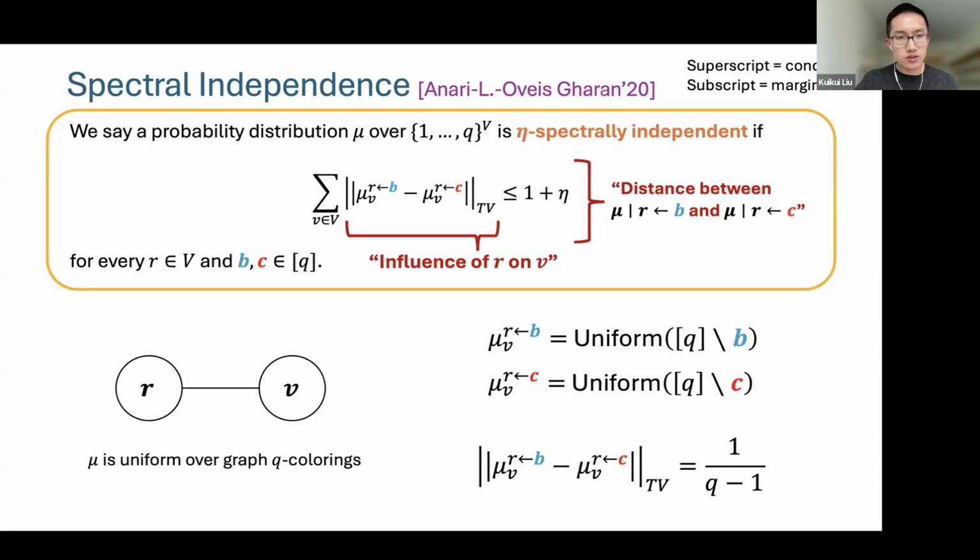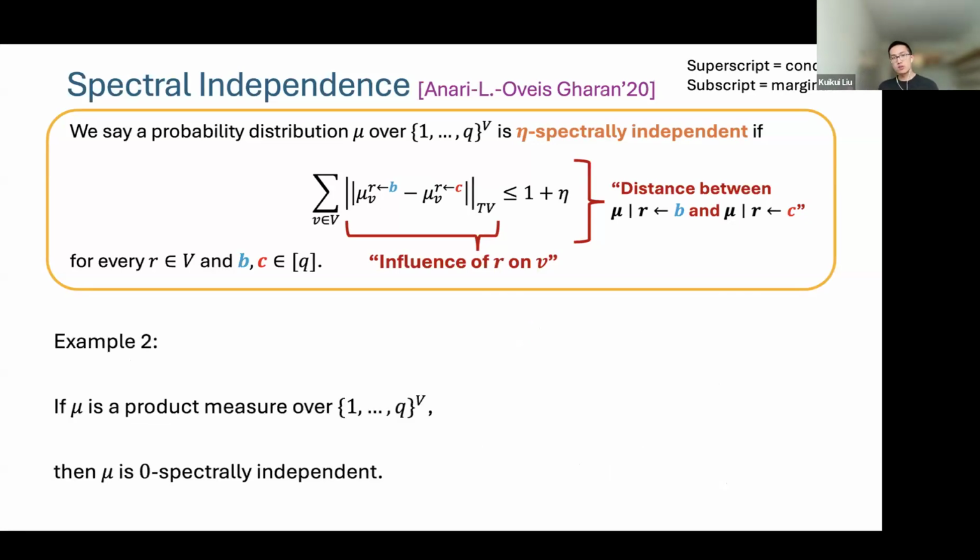Let's see a few more examples. Now suppose the distribution mu is a product measure over 1 through Q to the V. This would be the case, for instance, if the graph had no edges. In this case, I claim that my distribution mu is going to be 0 spectrally independent.